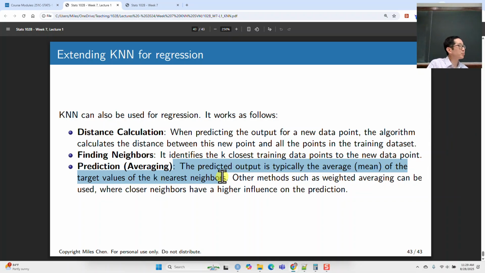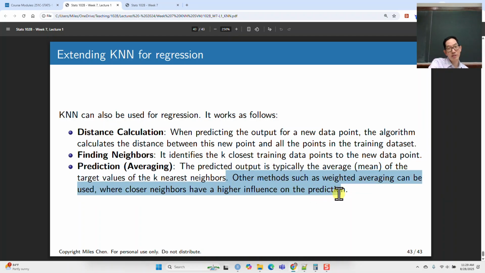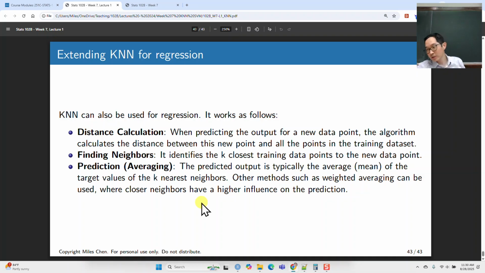You might also do a weighted average, and you'll say, okay, the ones that have the shortest distance, they're weighted more heavily, and the ones that have farther distance, they're weighted less heavily. You can pick different weighting functions to do that. So k-nearest neighbors can be extended for regression there.